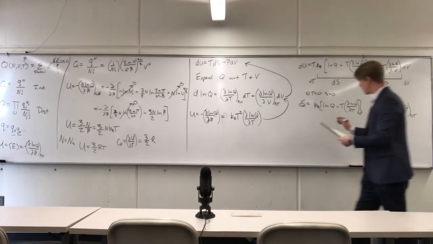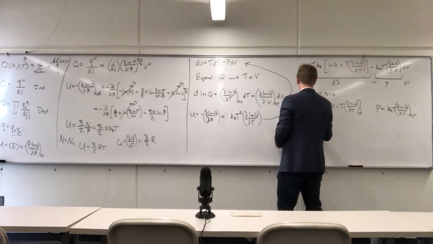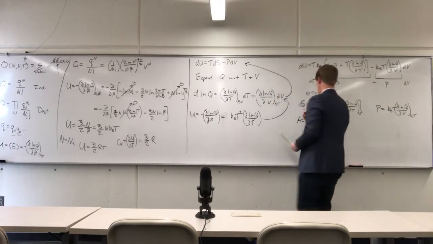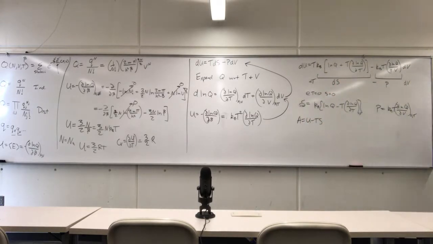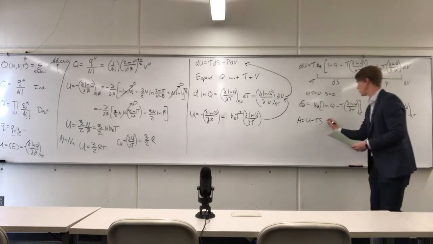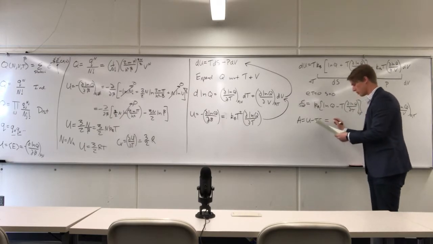Lastly, the Helmholtz energy is U minus TS. If we take all of our expressions that we've developed so far, the Helmholtz energy is by far and away the nicest and most compact one.